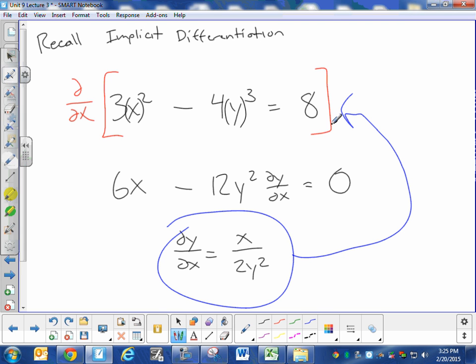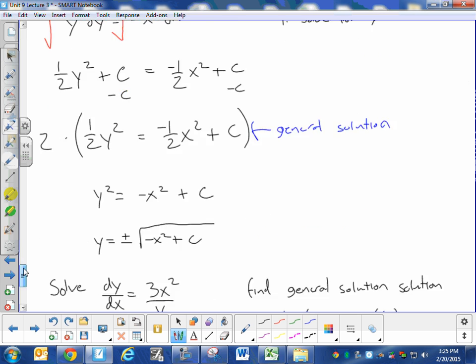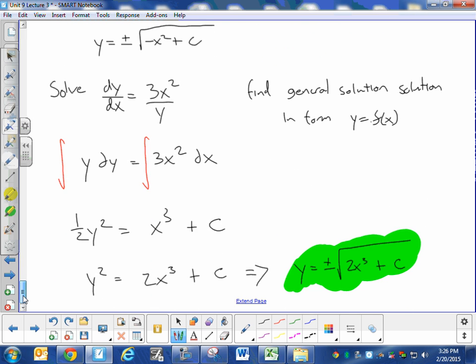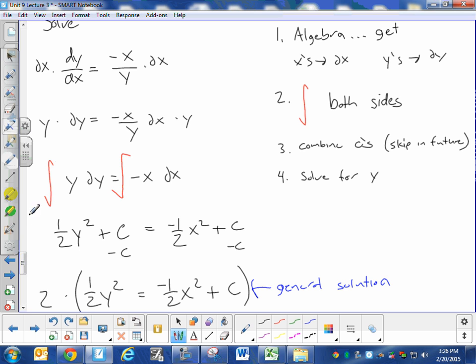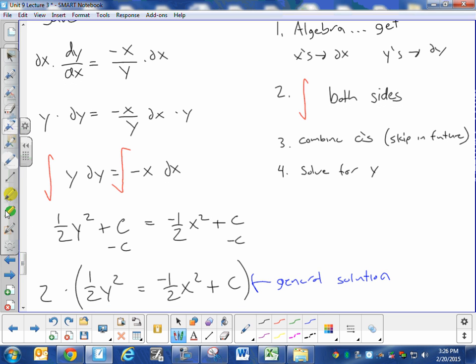But there's actually more that we can see by looking at just this differential equation. Okay? What is great about differential equations is that they give us information about what our solution is going to look like visually without us even having to solve it.